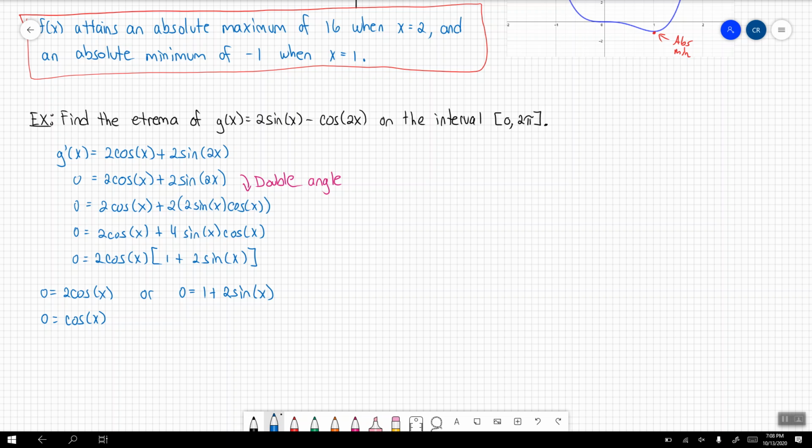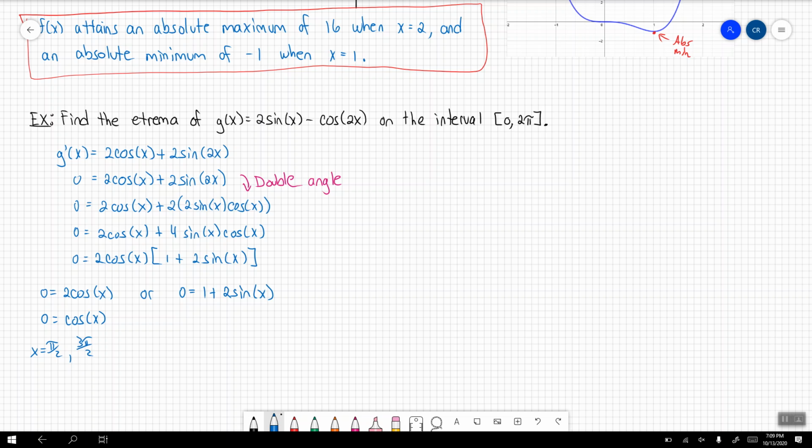Well, at what angles within the interval from 0 to 2 pi does that happen? Well, at 90 degrees, in other words, pi halves, we get this to occur. And it also happens again at 3 pi halves. So we get 2 different values, pi halves and 3 pi halves, that make cosine of x equal to 0.